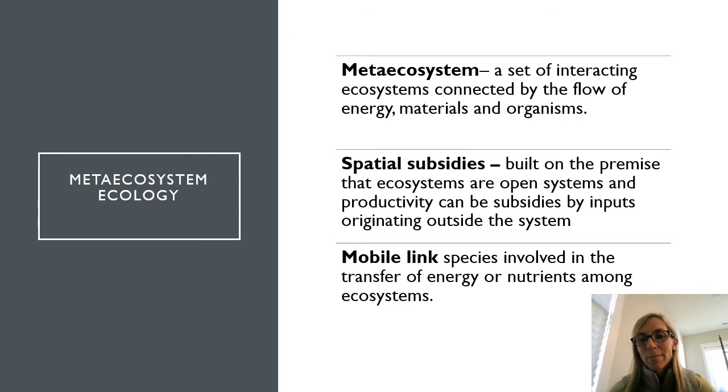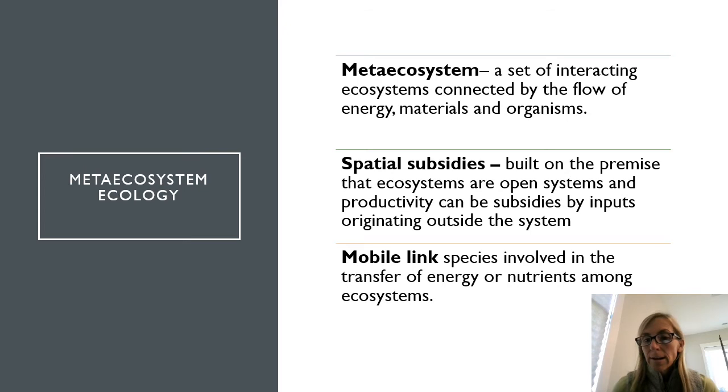One of the concepts related to meta ecosystems that the book discusses is the idea of spatial subsidies. This concept is built on the premise that ecosystems are, of course, open systems, and productivity can be subsidized by inputs originating from outside that system.